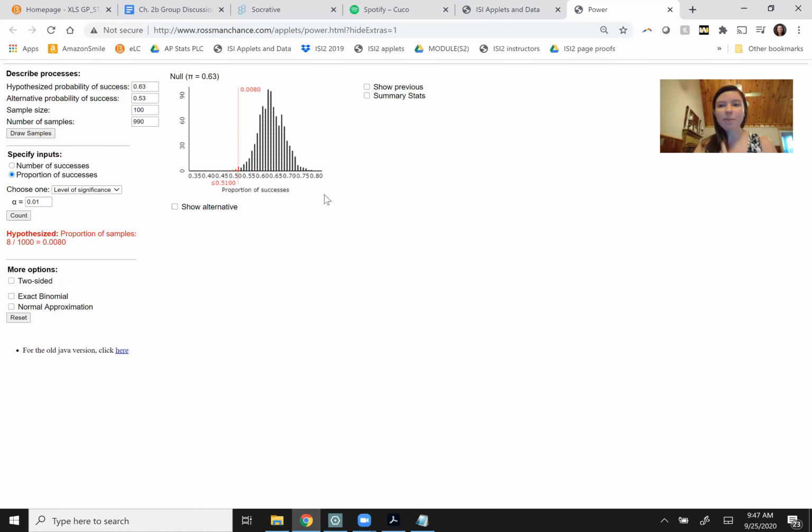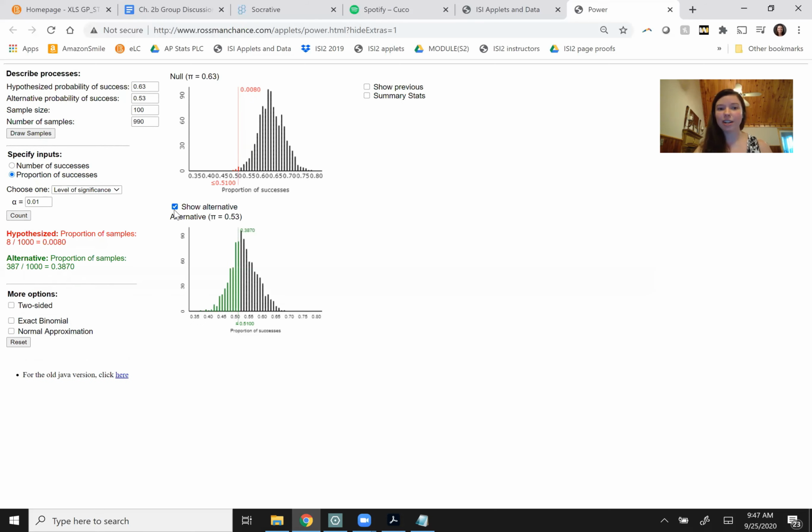So up until now, this is all we've been looking at. We've just been looking at the null distribution. But now we're going to start asking, what if the alternative were really 0.53? How often would we actually be low enough to reject the null hypothesis? That's our question. So I'm going to show the alternative now.